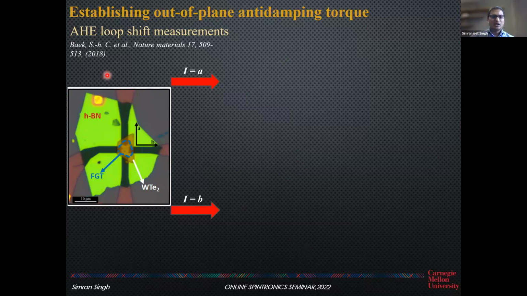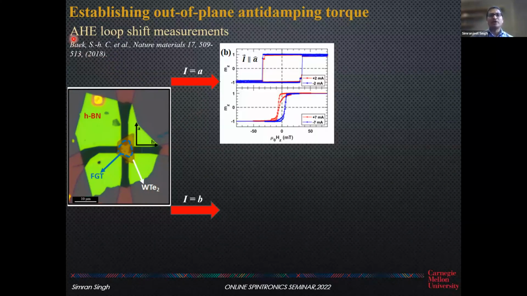We took a cue from a very nice paper back in 2018, where they looked at anomalous Hall loop shift, or AHE loop shift, measurements, where we measure the hysteresis loop of this bilayer heterostructure. Essentially, you're measuring FGT and looking at the anomalous Hall effect at different applied charge currents.